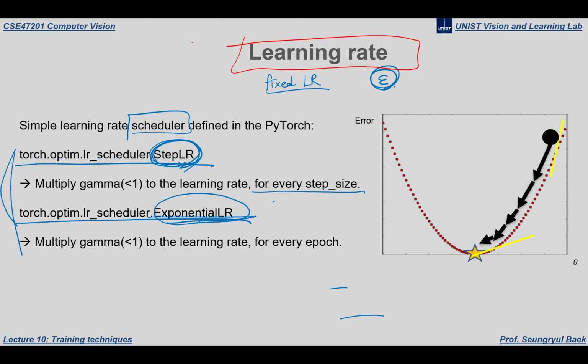So normally the initial epochs need a larger learning rate compared to the later epochs. We normally use a very simple scheduler, using an exponential function or step function to gradually reduce the learning rate.